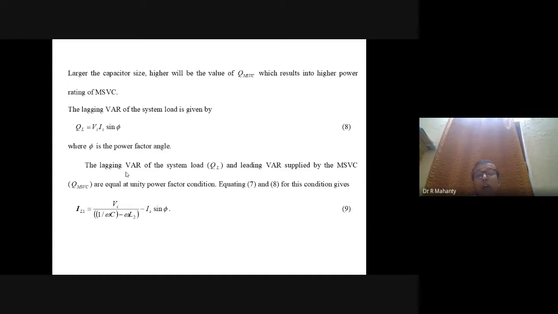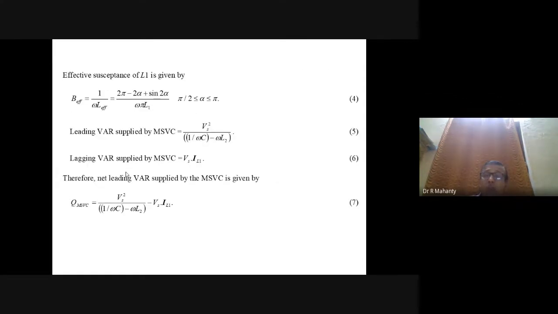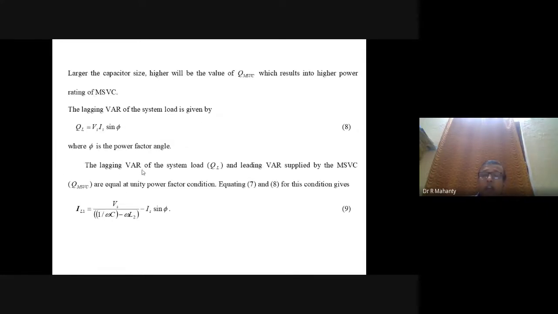The lagging VAR of the system QL and leading VAR supplied by MSVC are equal at unity power factor condition. Okay, so equating equation number 7 and equation number 8 as shown here, we get IL1 is equal to Vs divided by this minus Is sine phi, as given in equation number 9.